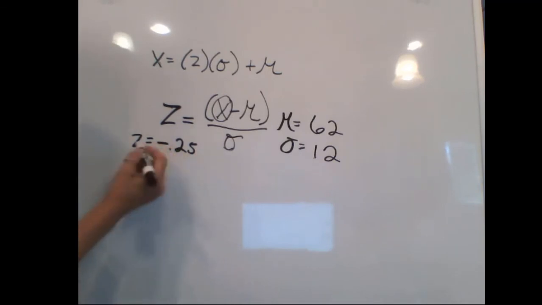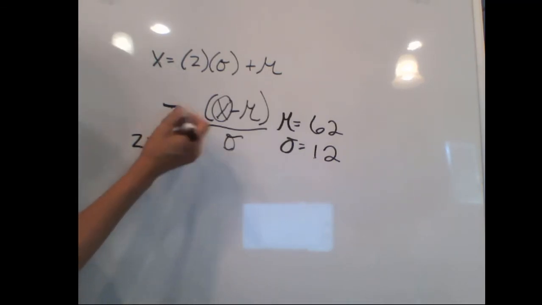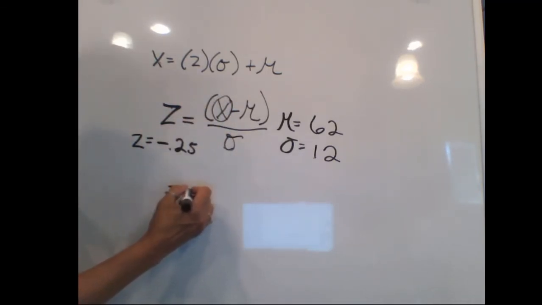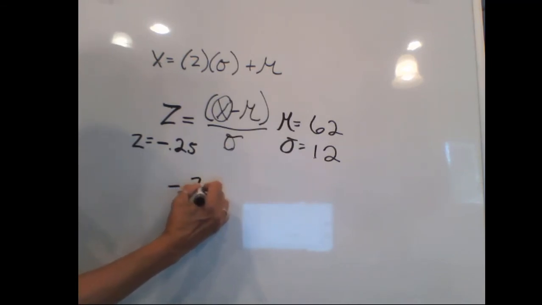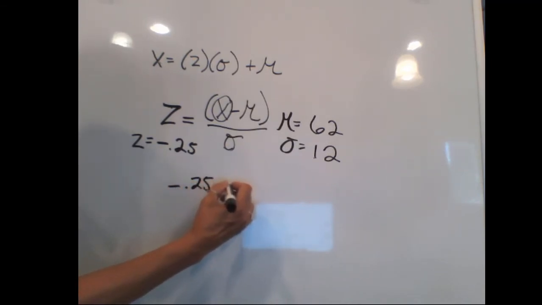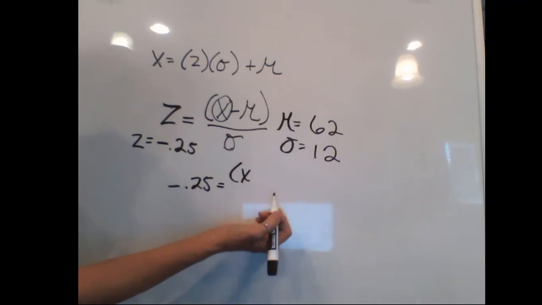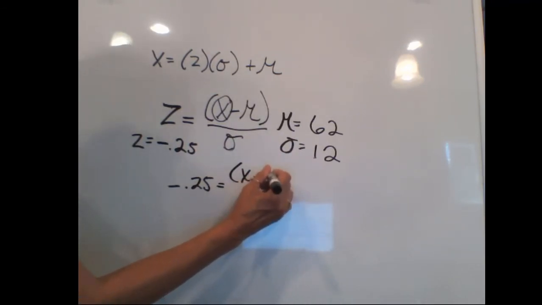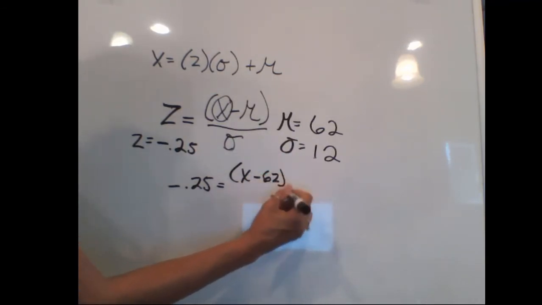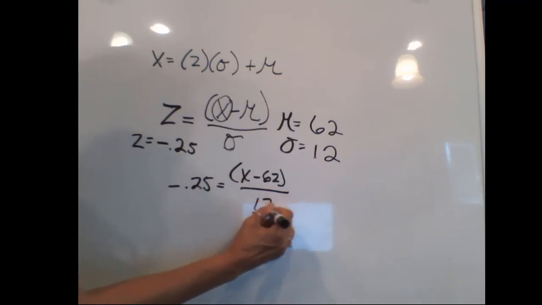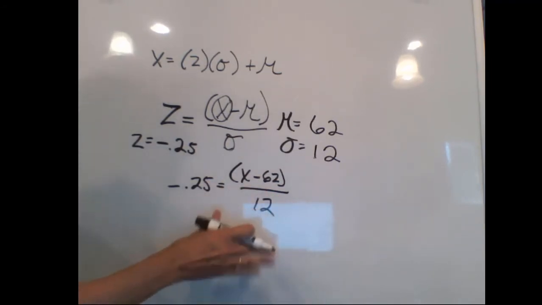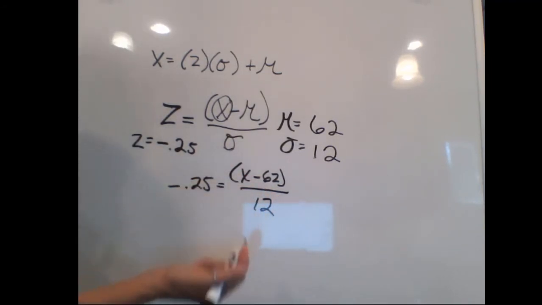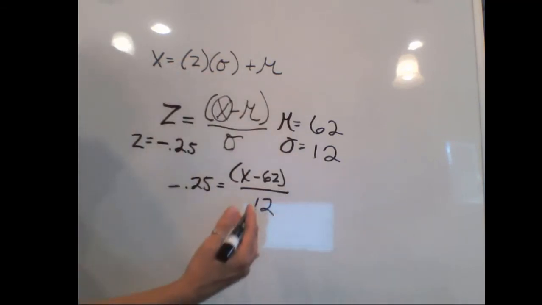So here we go. We have z equals negative 0.25. I know that. So I'm going to put that in the equation right there. And it equals, we don't know x, so I have to just keep x there. But I know my mean of 62, and I know the standard deviation of 12. Now my goal when I'm using algebra is to get x by itself. So just a reminder of some of the rules of algebra.